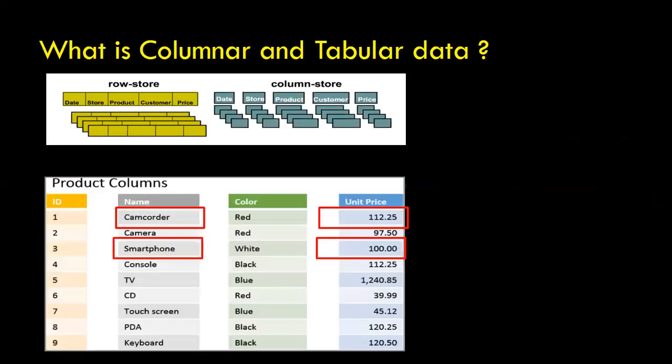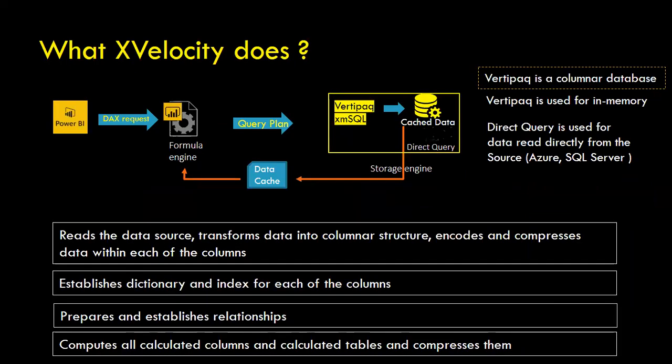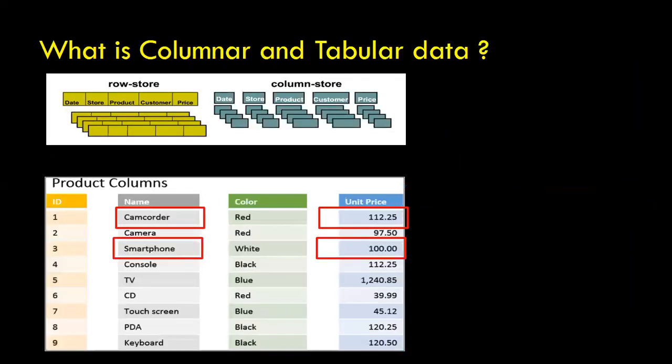So, okay, next question. Now the question is, why does the Vertipack, the X velocity, perform these three tasks? First of all, why does it have to convert the tabular data into columnar data? Because columnar databases are gaining a lot of popularity, especially in the world of big data.